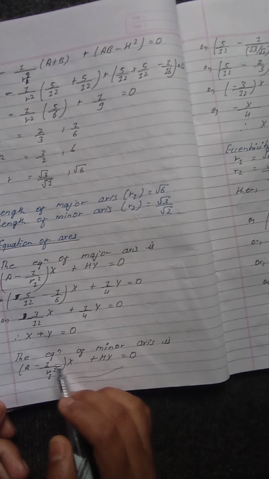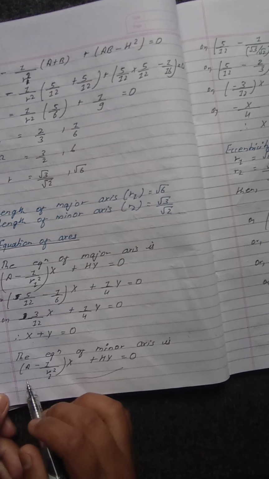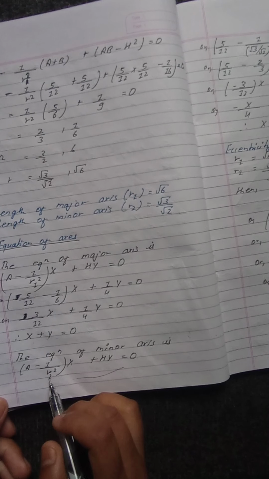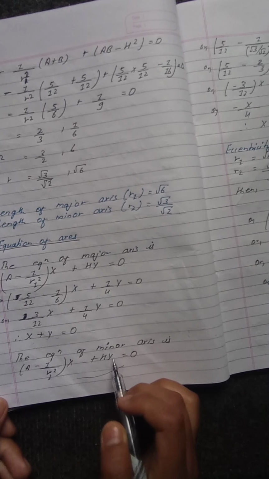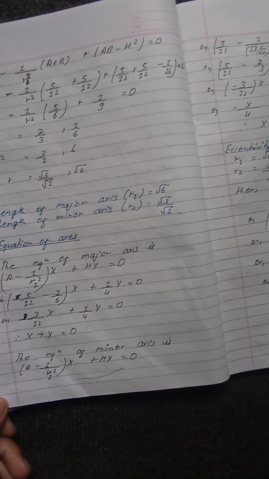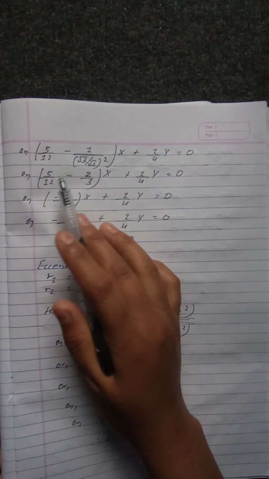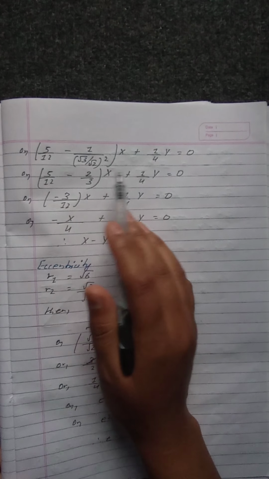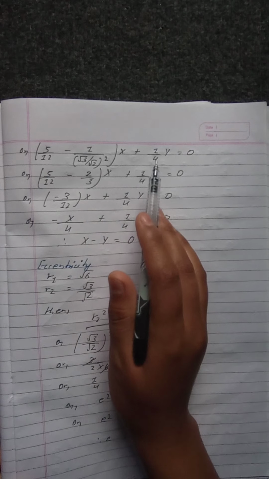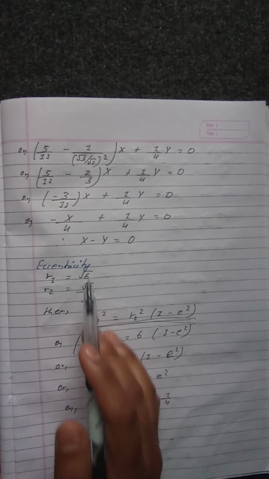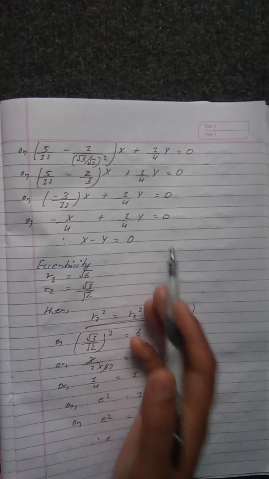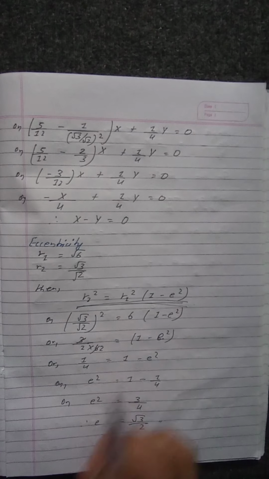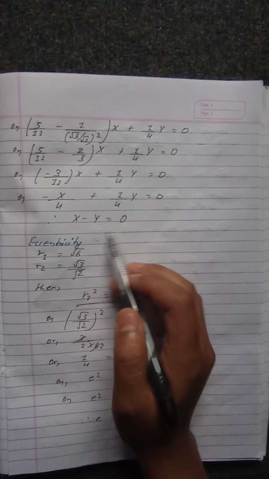For the equation of minor axis, we use this formula: a minus 1 by r2 square x plus hy equals to 0. Then we substitute the value of a, r2 and h, and we get x minus y equals to 0. This is the equation of minor axis.